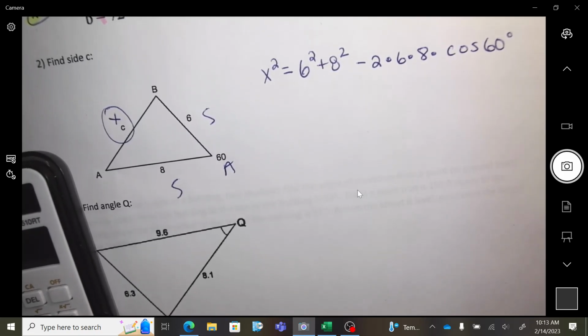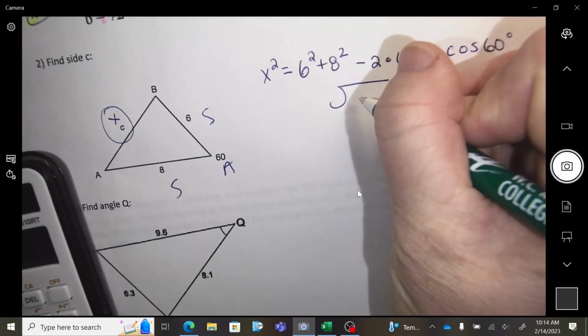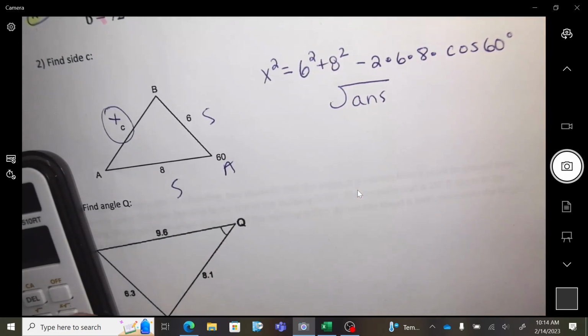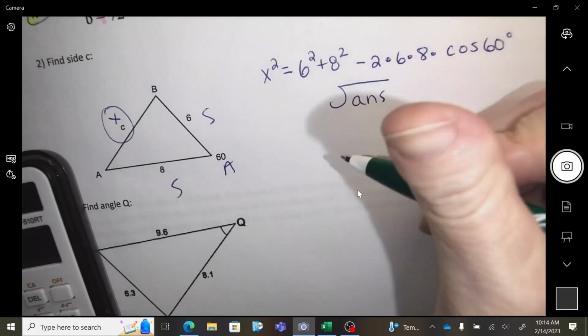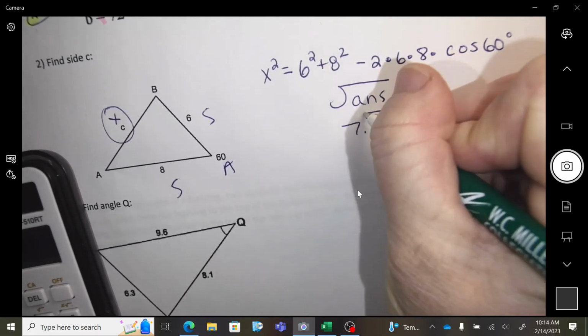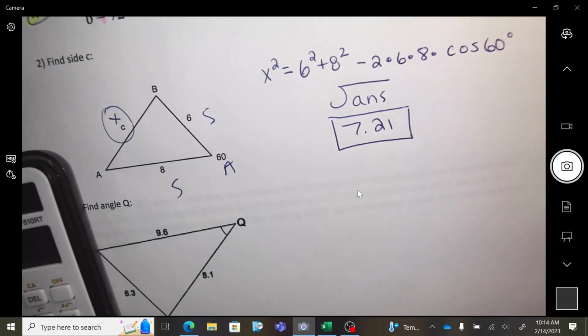Don't forget to square root your answer, because you might think that last answer is way too big, which it is. So in that one, you don't need to be that careful about brackets. No brackets needed at all. Just type, type, type, square root answer.